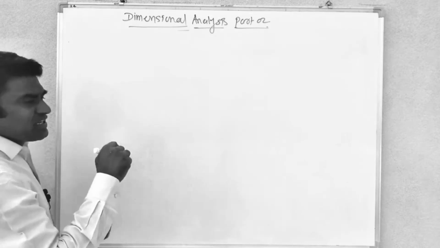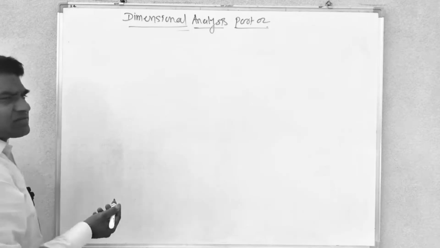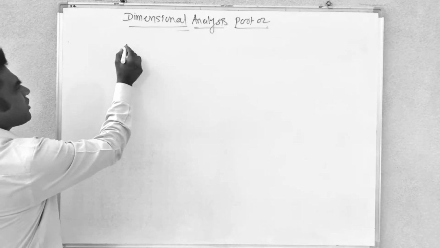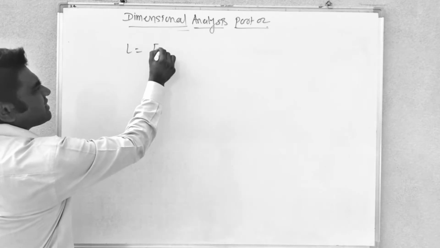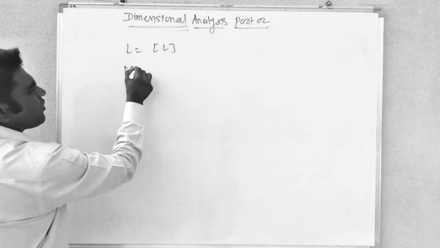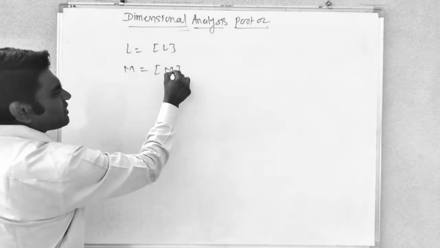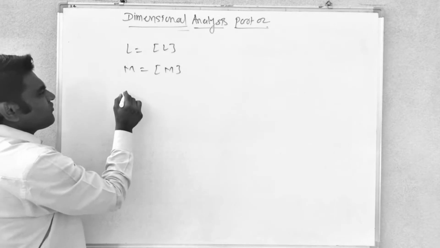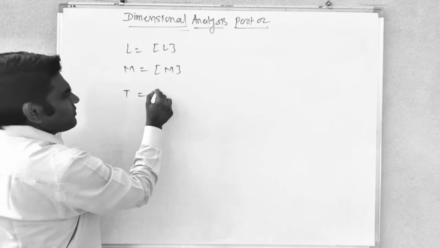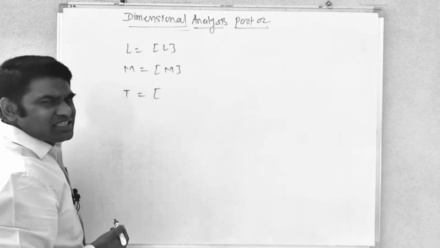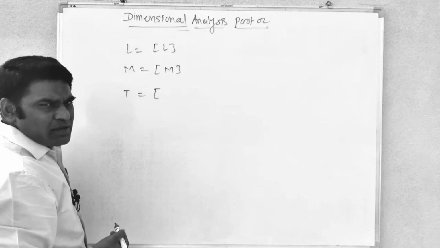But I will make you understand here also what a dimension is. The dimension of length is L. The dimension of mass is M. In a square bracket this is written. The dimension of time is T. These are the three basic fundamental quantities.